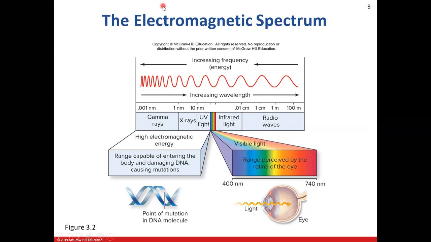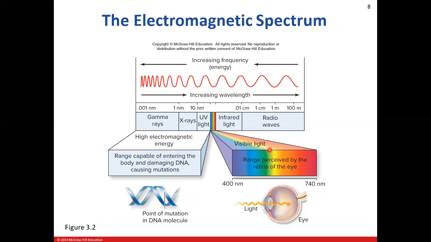We then get to 1 nanometer and 10 nanometers. You'll see the X-rays fall into that range. UV light falls into that range. But then we get into this very small section in here of 400 nanometers to 740 nanometers. This is the range of visible light. This is the area that our bodies can actually see, okay?